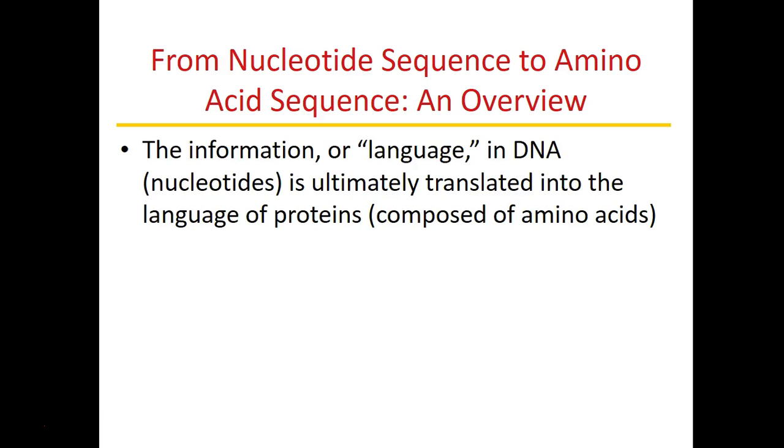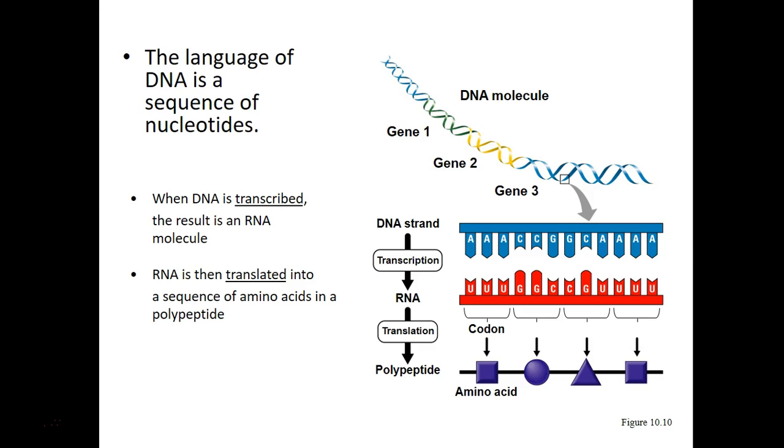So the information or language in DNA is ultimately translated into the language of proteins. It's a multiple step process. When the DNA is transcribed, the result is an RNA molecule. When the RNA is translated, you create a polypeptide. If you have a look at this little image, it's quite a powerful one.